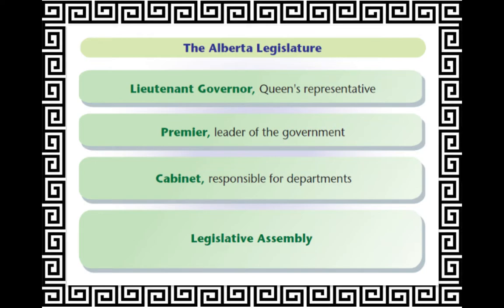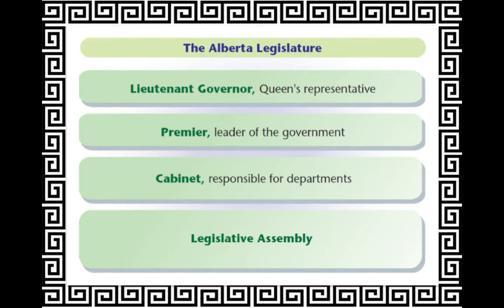Then the premier gets to choose his cabinet members, and our cabinet members are responsible for the different departments in Alberta. So we have a tax cabinet minister, we have an education minister, we have a health minister who's been working really hard, right? So the premier chooses who his cabinet ministers are going to be.